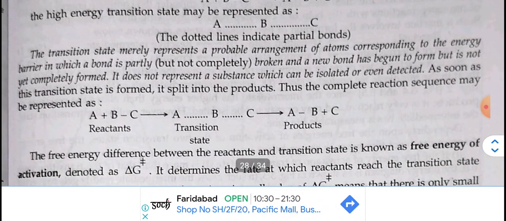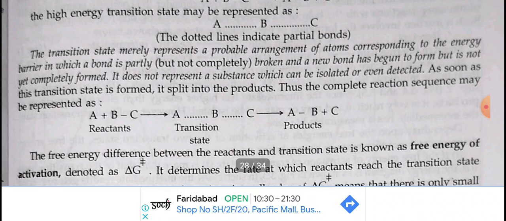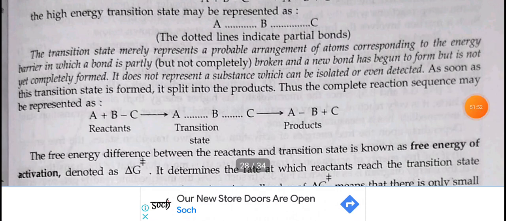It does not represent a substance which can be isolated or even detected. As soon as this transition state is formed, it splits into the products. Thus, the complete reaction sequence may be represented as reactants to transition state, which further gives products.